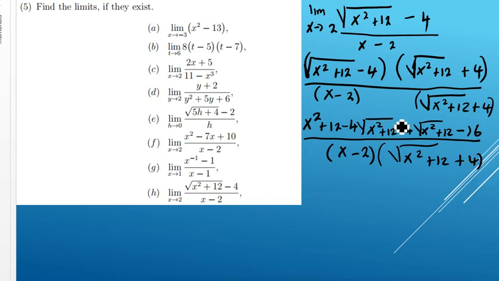So this and that are going to cancel. Then positive 12 minus 16, of course we're going to get x to the power 2 minus 4.